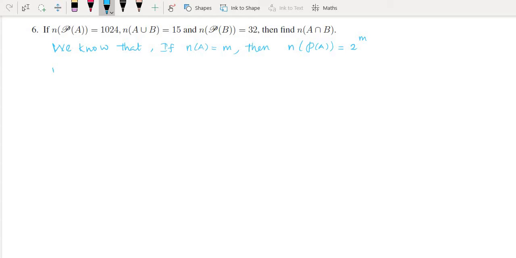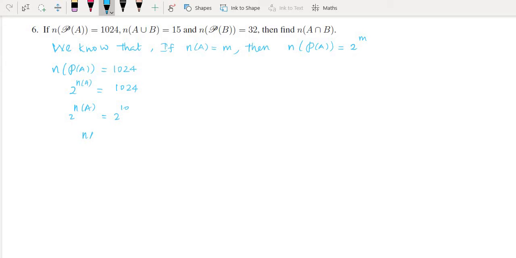So applying that condition here, n of power set of A is equal to 1024, that is 2 to the power n of A. 2 to the power n of A is equal to 1024, which is nothing but 2 to the power 10.